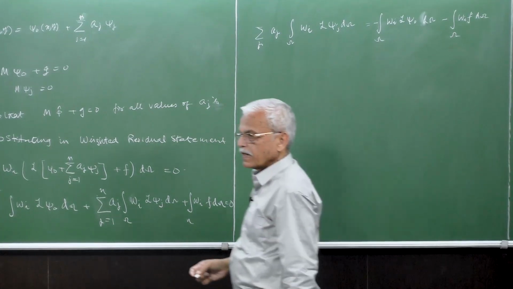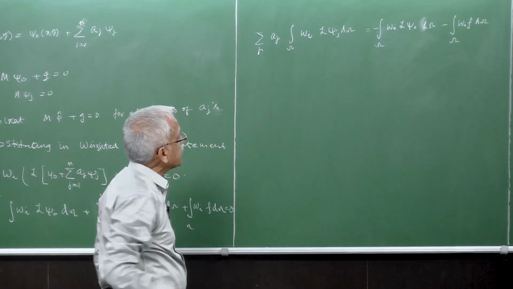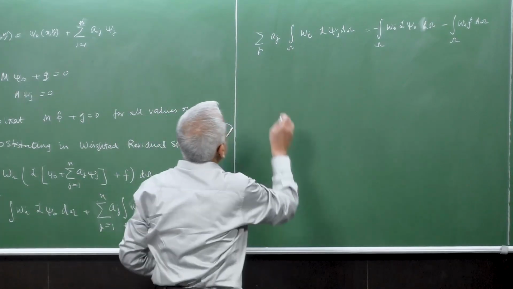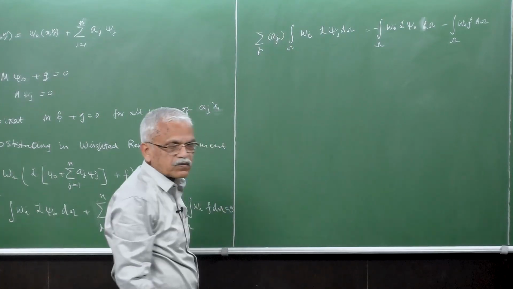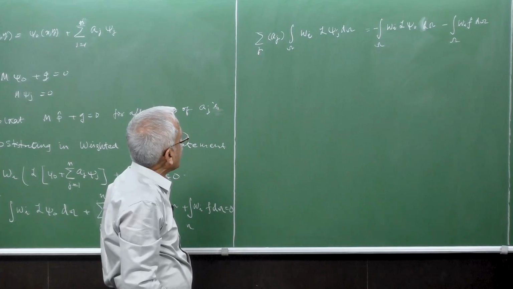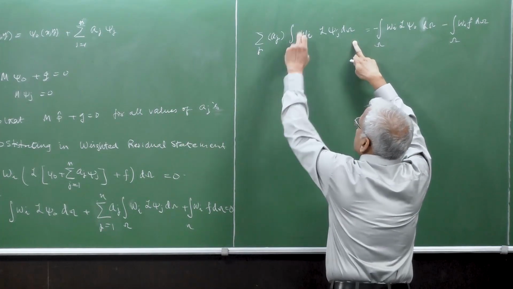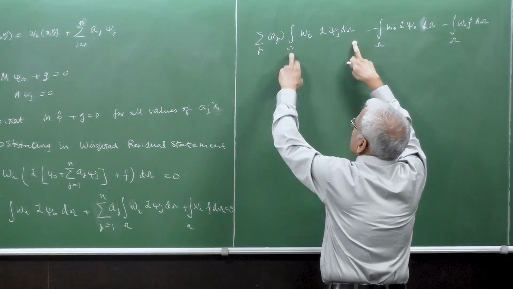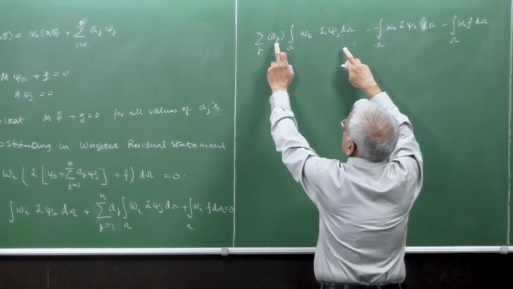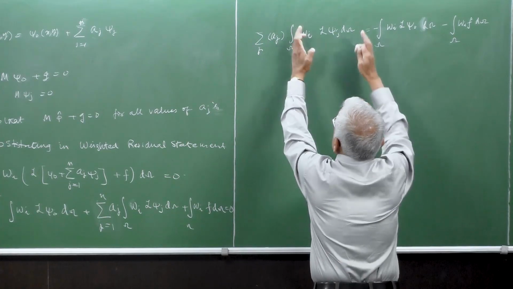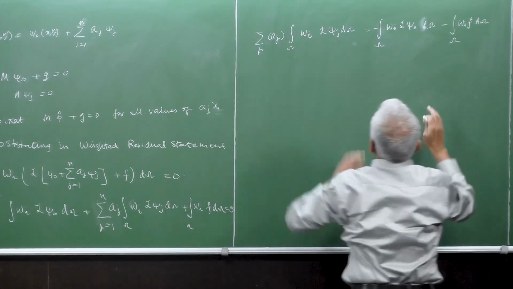Why we collected the terms on the left side and right side is that on the left side we have the unknown quantity, aj, and knowing Wi and psi, you can integrate over the domain omega. These terms are functions of psi j.